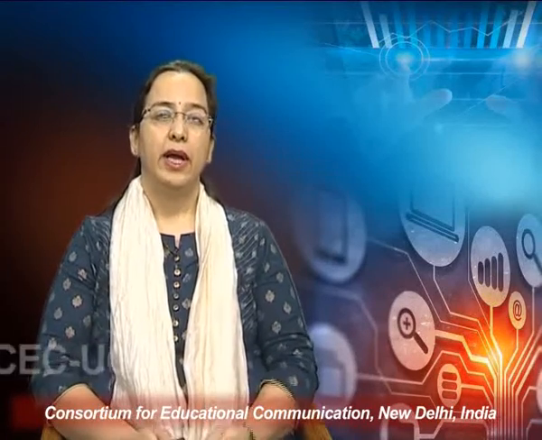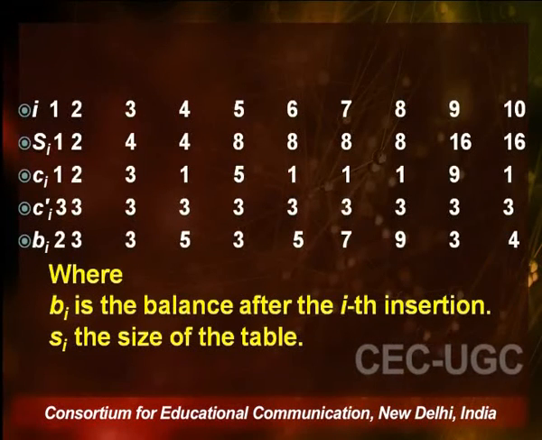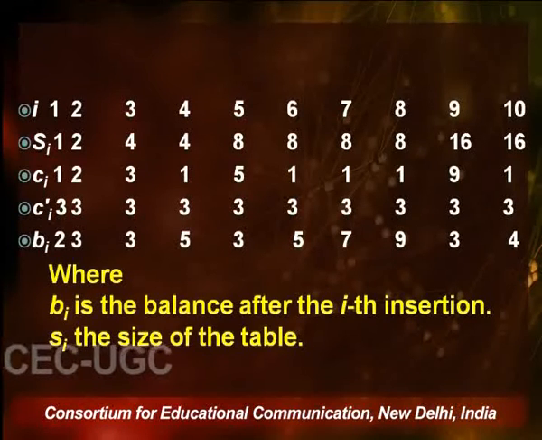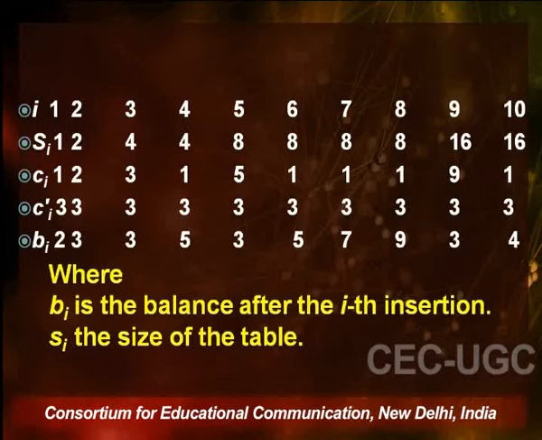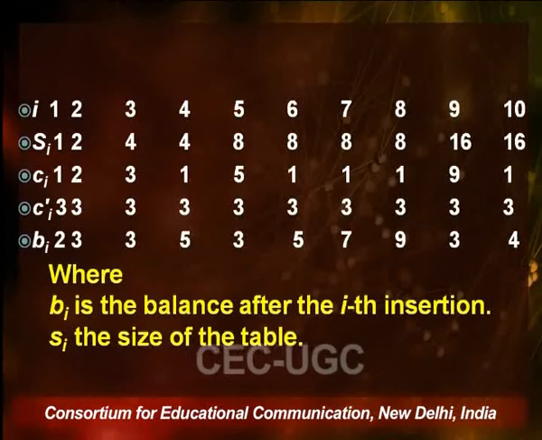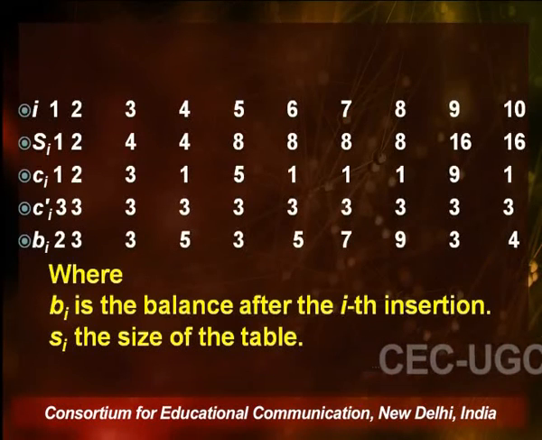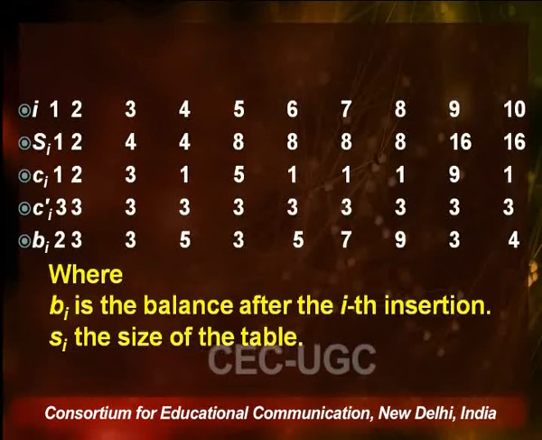Let us try to understand. Here on the screen, if you can see, we have a table in which the first row is i, the number of the operation, the ith operation. Then Si is the size of the table in terms of elements, then Ci is the actual cost incurred in performing that ith insertion.